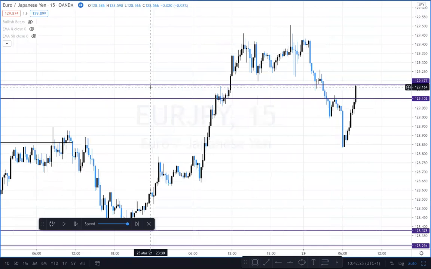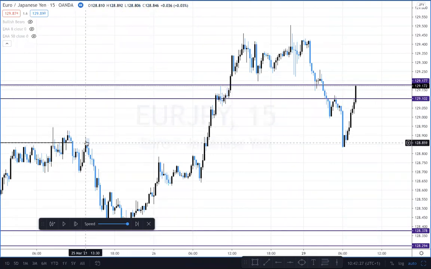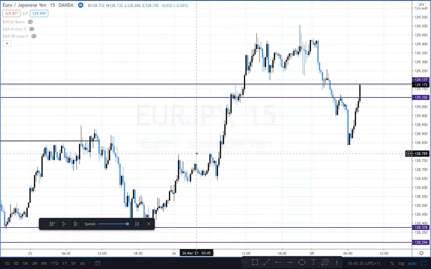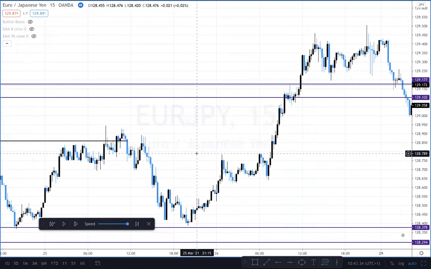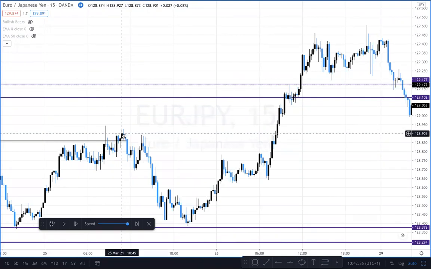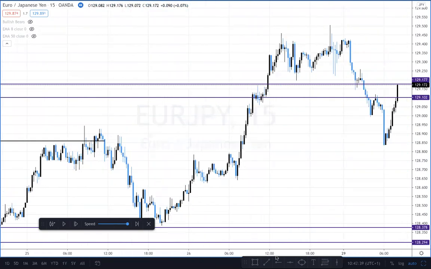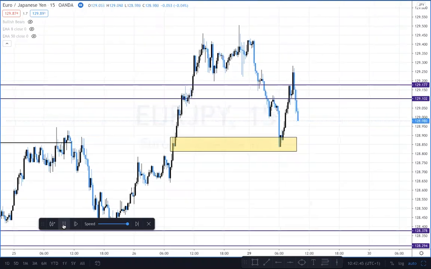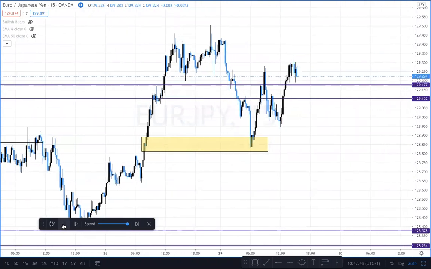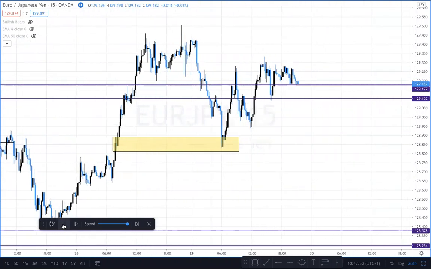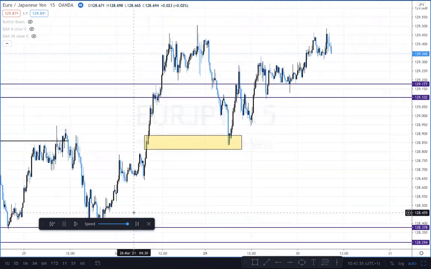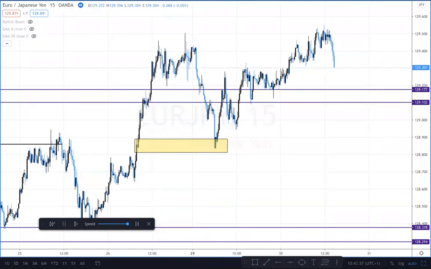Now I want to monitor the last buy candle before the break of market structure. That's going to be this one. One pair, target hits again.